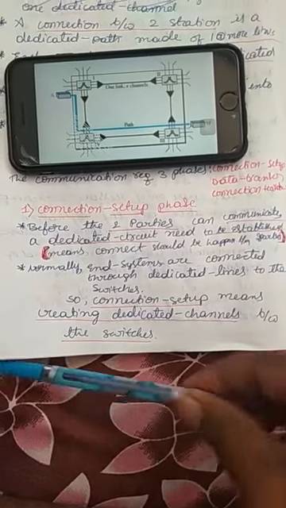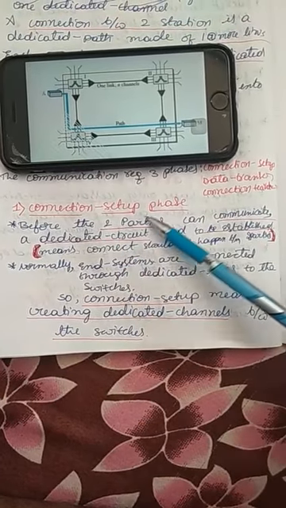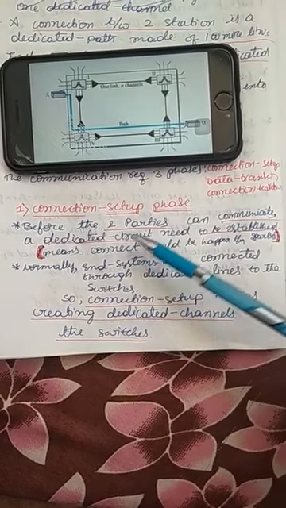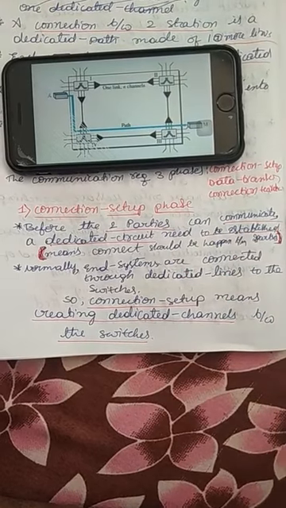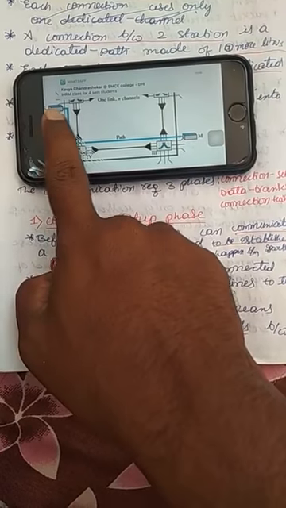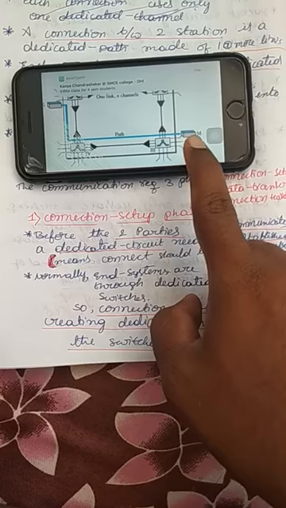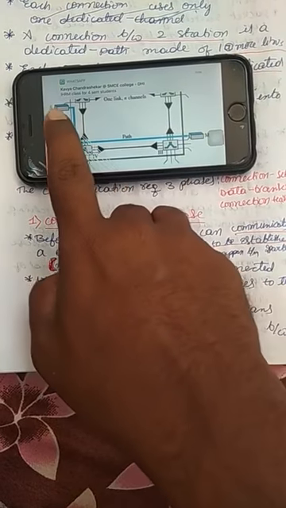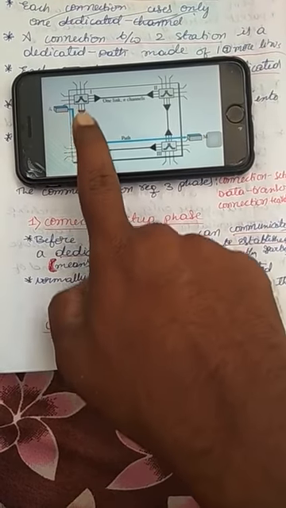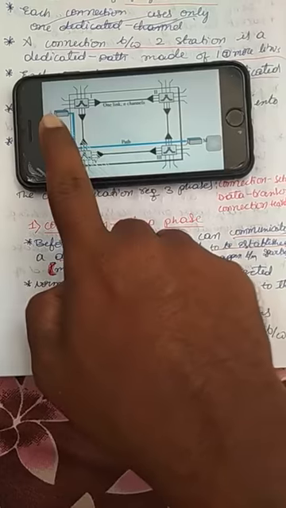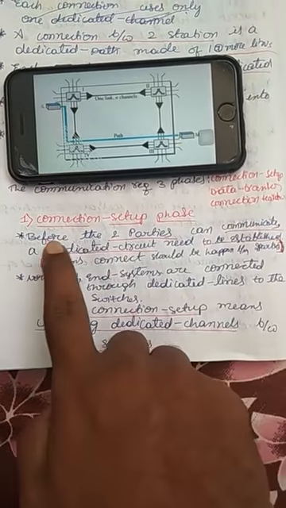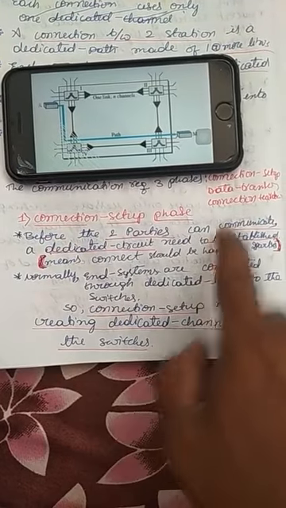See here, before the two parties can communicate, a dedicated circuit needs to be established. You can see that A is one party and M is the other. To communicate between A and M, a dedicated path should be established between A and M. That is the meaning of this statement.